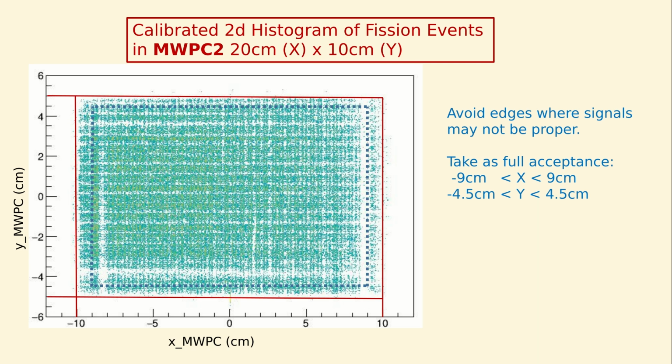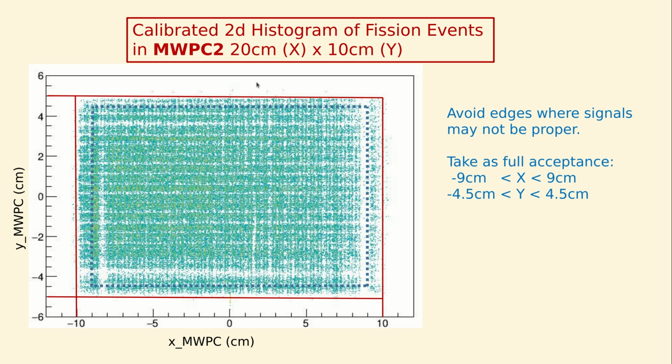My MWPC has a dimension of 20 centimeters along the x direction, that is going from -10 to +10 centimeters. And in the y direction, it is going from -5 to +5, that is the height of the MWPC is actually 10 centimeters.